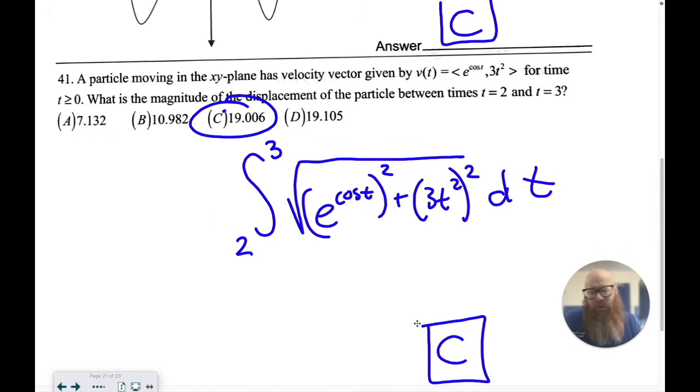Magnitude of displacement, but the displacement and the total distance are going to be the same when velocity is positive the whole time.